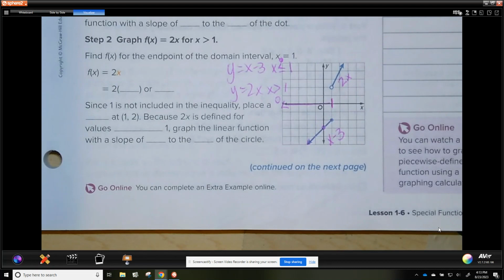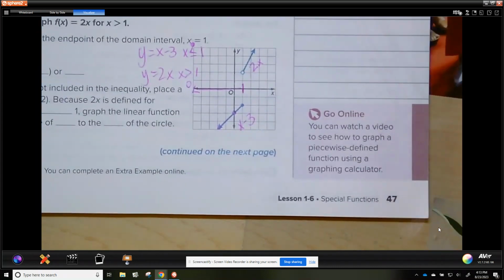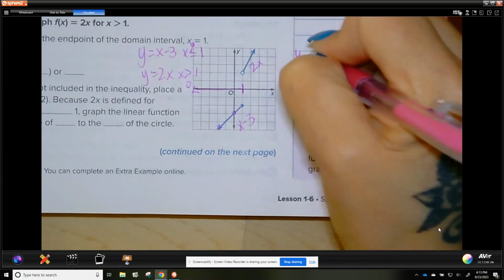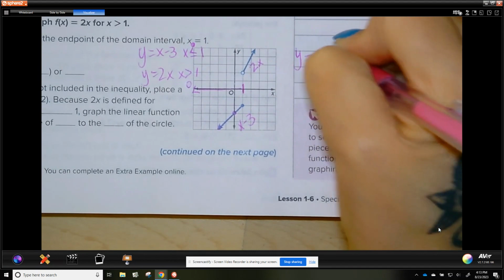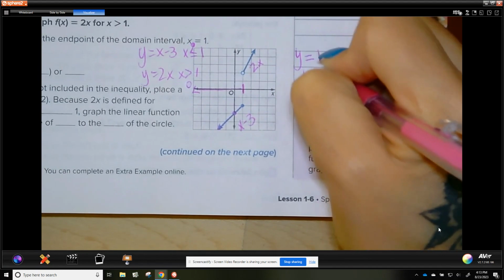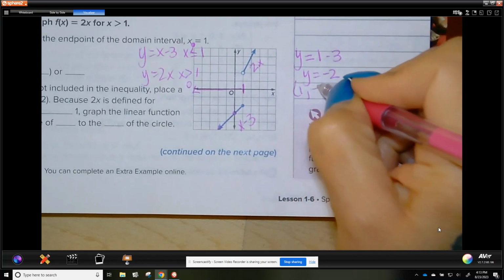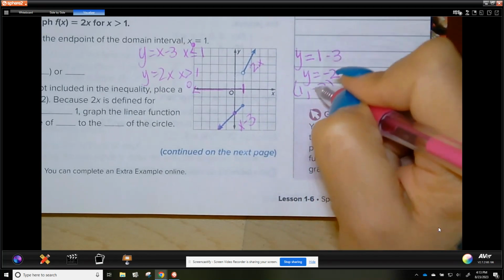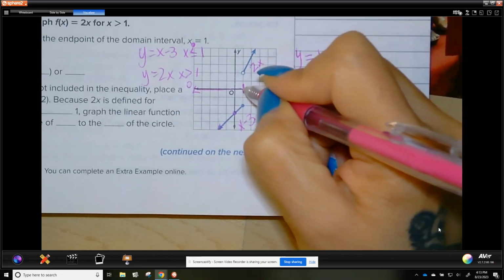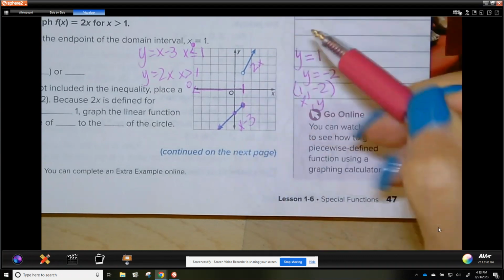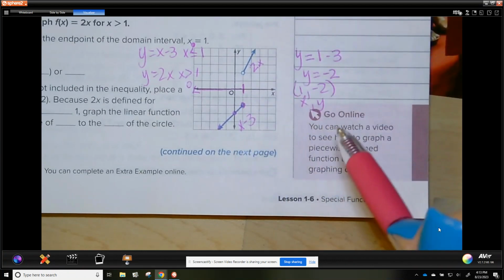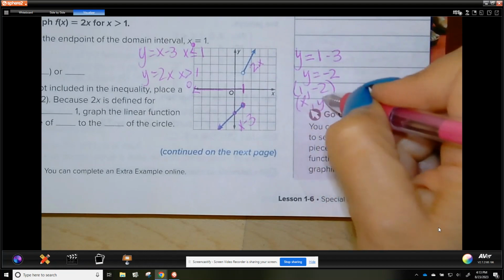So there's that portion. You could also plug in 1 because that's our restriction, and I'm going to use this part over here on the right. So y equals, I'm going to plug in 1 for x. So y equals -2. So you could go to 1, -2, the point. This is x and y. 1, -2, start there. Since this is a line, the slope is consistent throughout the line.